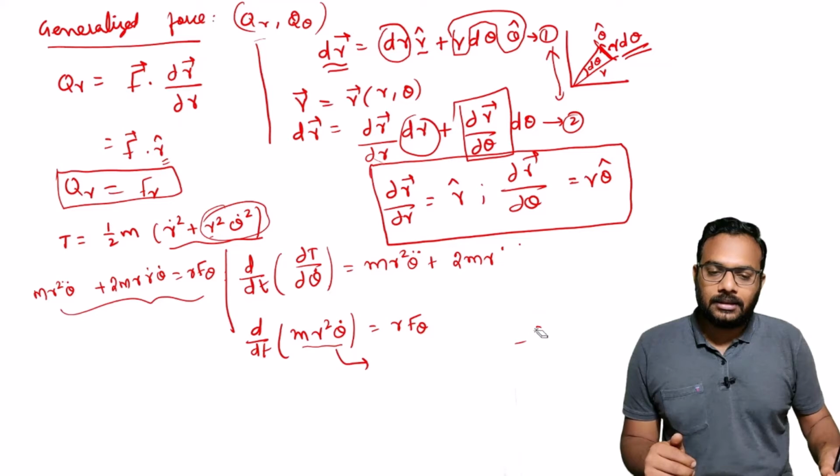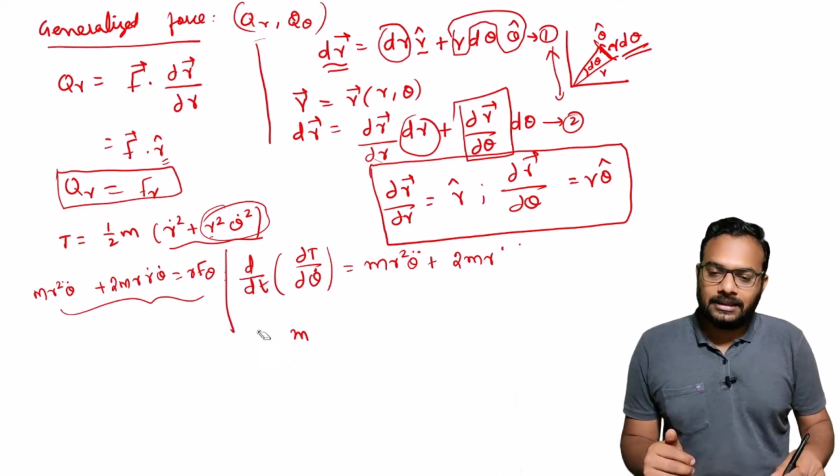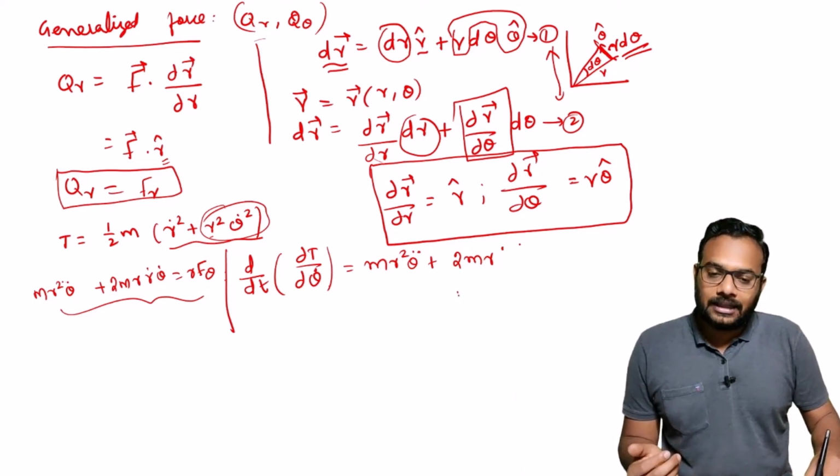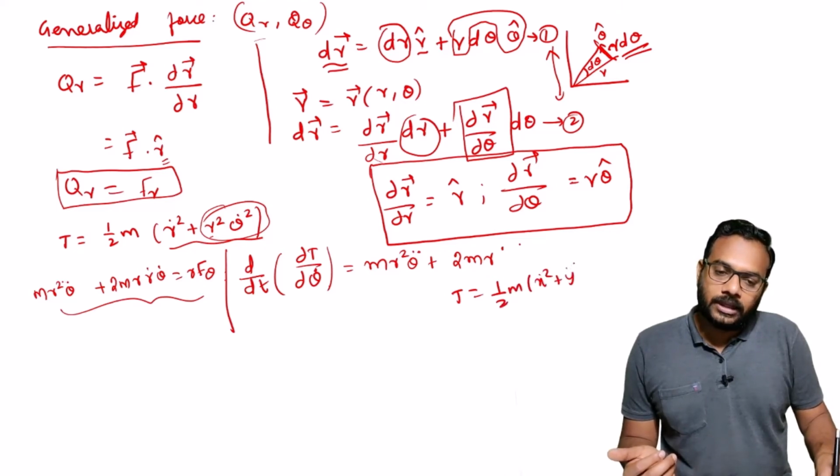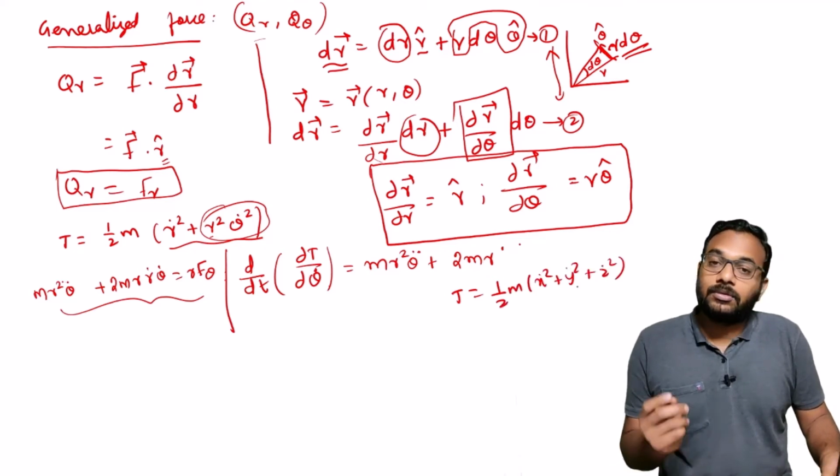First thing you need to find is the kinetic energy. In most problems we'll do with the Lagrangian, we need to find the kinetic energy. That's equal to half m (x dot square plus y dot square plus z dot square). That's for a single particle.